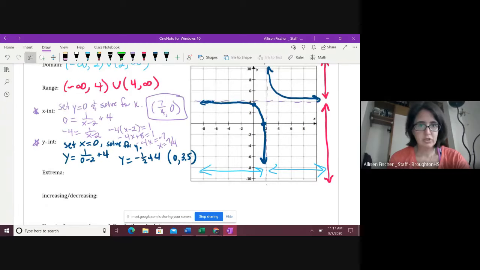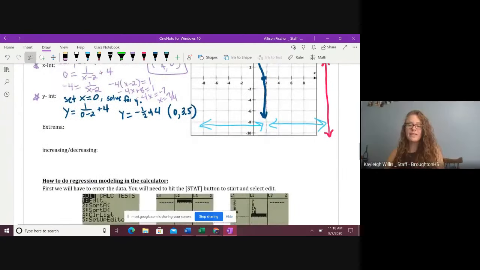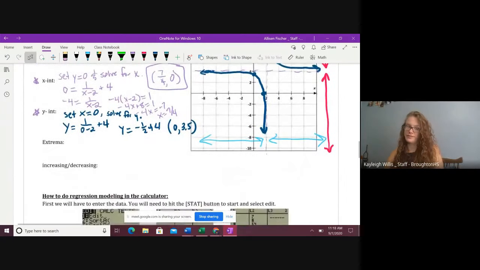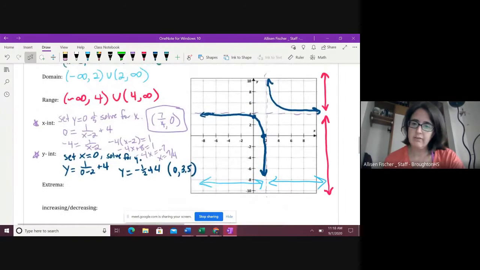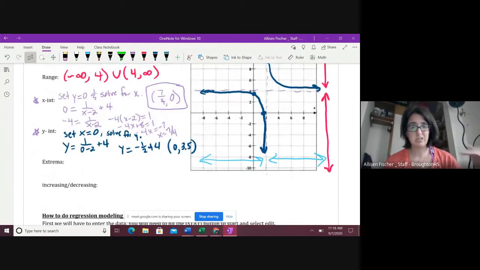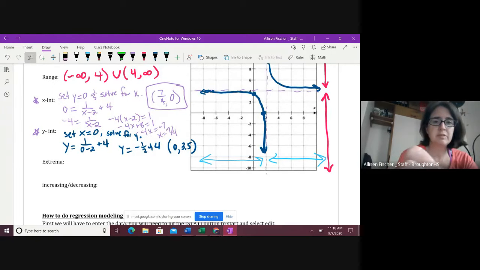Okay, extrema. What the heck is that? Extrema is our fancy word that we went over in Math 3 that means maximums and minimums. They can only be the top of a hill or the bottom of a valley. So if you look at this particular graph, we don't have any hills and valleys. We just have some smooth curves. So since we don't have the top of a hill or the bottom of a valley, this one does not have any maximums or minimums.